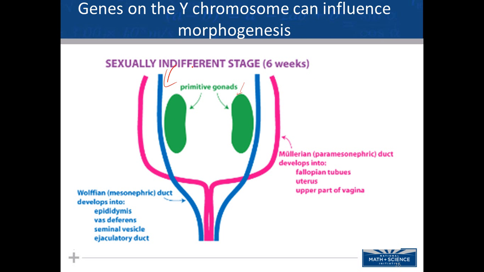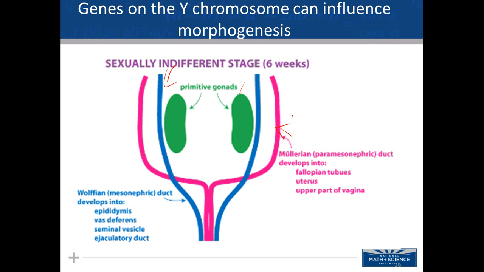If it is destined to be a female, then this particular duct over here is called the Mullerian duct, and that's going to develop into the fallopian tubes, the uterus, and the upper part of the vagina. So how is it that the embryo knows whether it's going to develop the male or the female reproductive system?